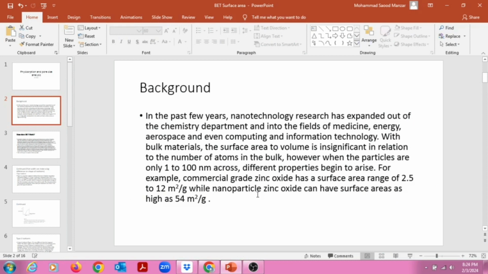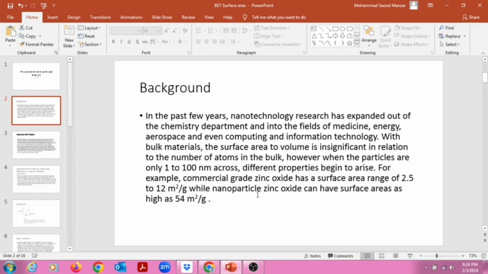When particles are only 100 nanometers across, they show different properties, so there is a huge requirement for the use of BET. For example, commercial grade zinc oxide has a surface area ranging from 2.5 to 12 meter square per gram, while nanoparticle zinc oxide can have a surface area as high as 54 meter square per gram.